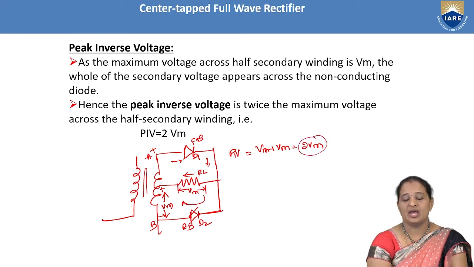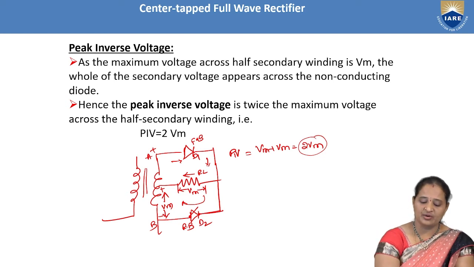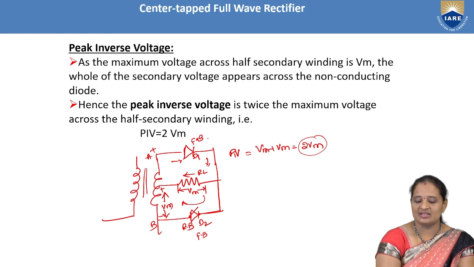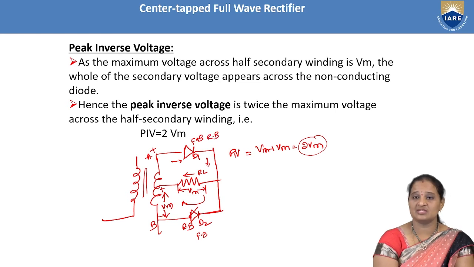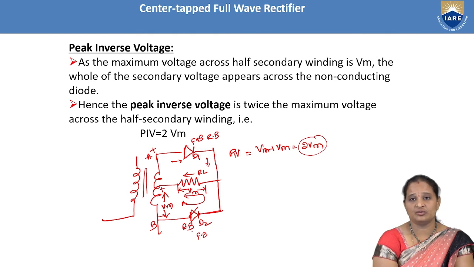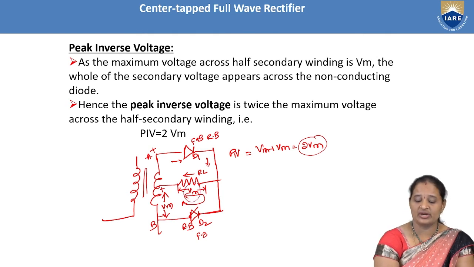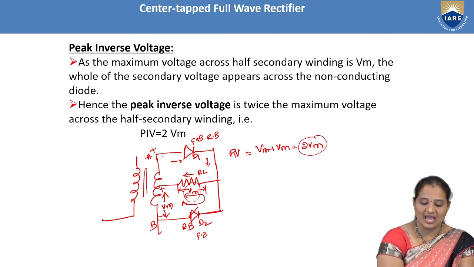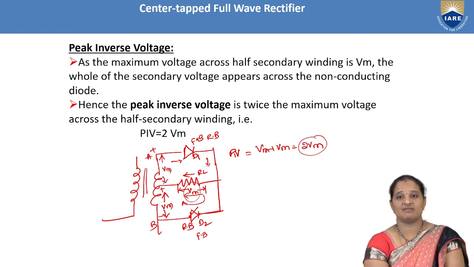And hence the peak inverse voltage of diode D2 during the positive half cycle of the input voltage is equal to 2Vm. This same thing happens during the negative half cycle, but now this diode will be forward biased and the other diode will be reverse biased, and the current through the load resistor is due to diode D2, which leads again to a voltage drop of Vm, and again we have a voltage of Vm in the upper half of the secondary winding.